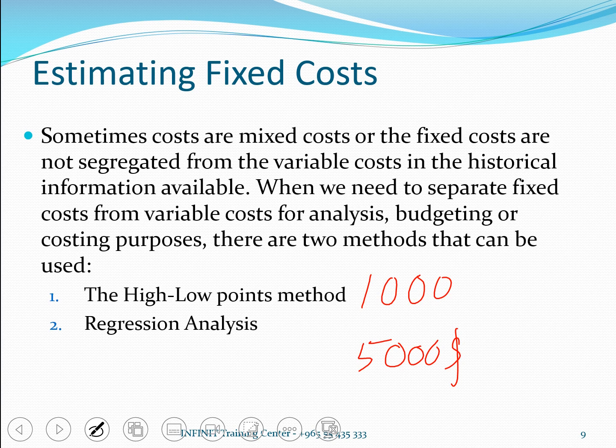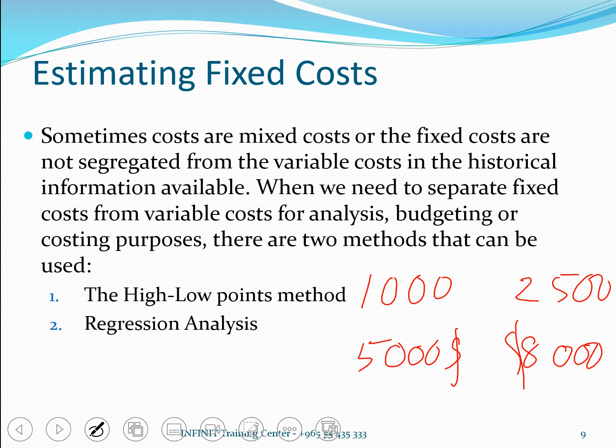And when I produce 2500 units, my cost is $8,000. So when I produce 1000 units, my cost is 5,000.